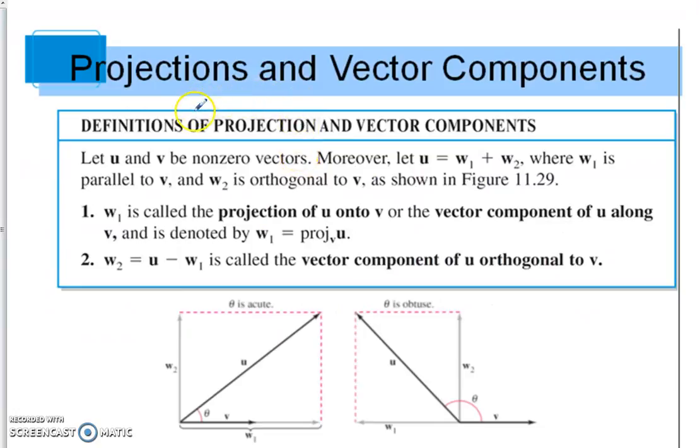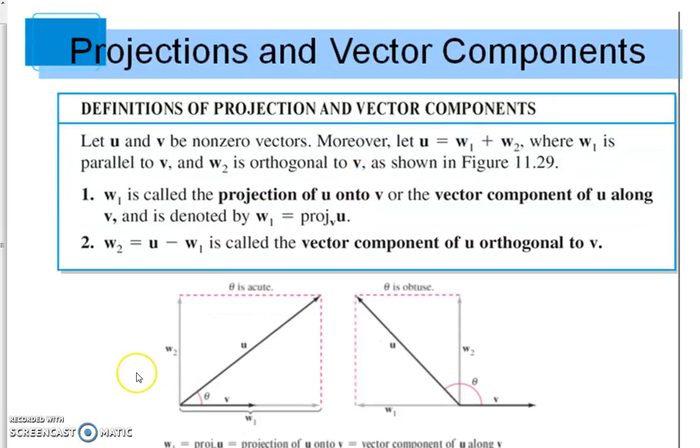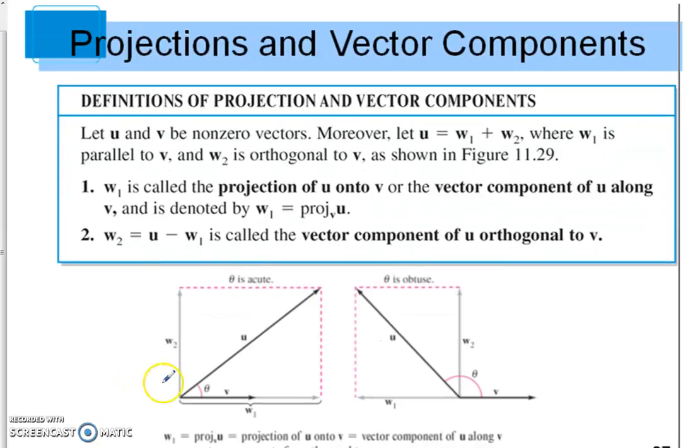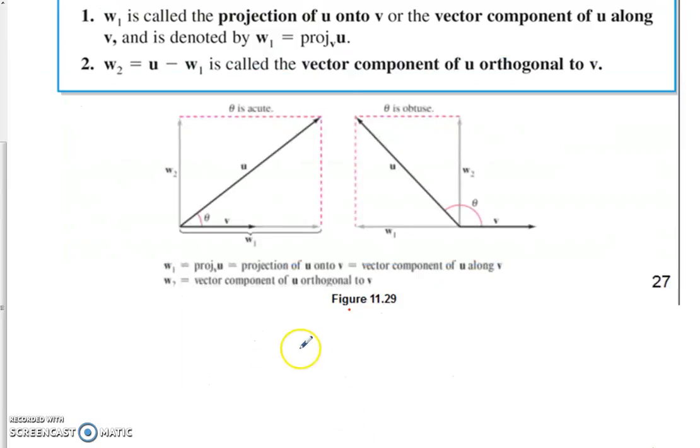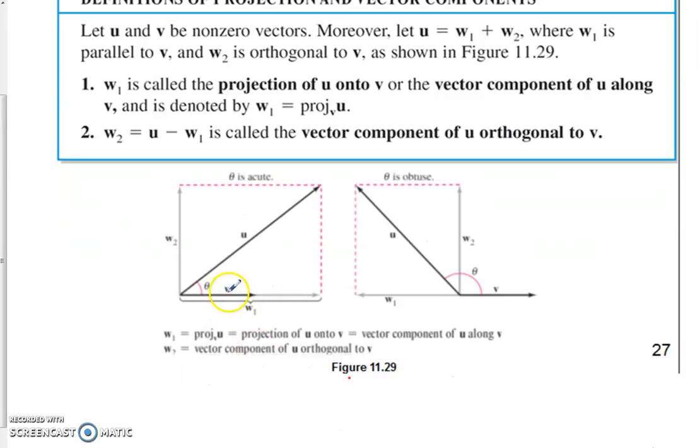Alright, some definitions to know. Let U and V be non-zero vectors. Moreover, let U equal W1 plus W2, where W1 is parallel to V and W2 is orthogonal to V. Now that sounds like a lot, what are we talking about? Let's take a look at the picture down here. Okay.